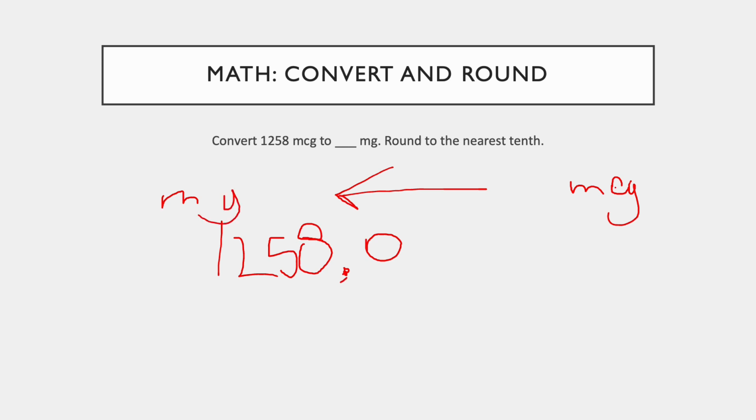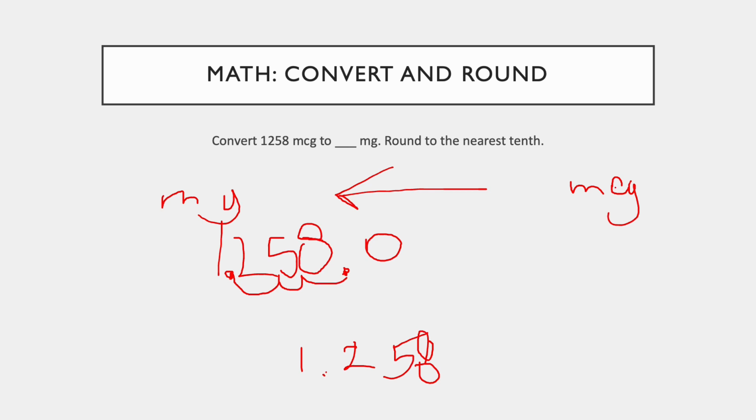All right, so then we go 1 spot, 2 spots, 3 spots. This becomes 1.258. Not my prettiest numbers, guys. Got to get one of those pens.